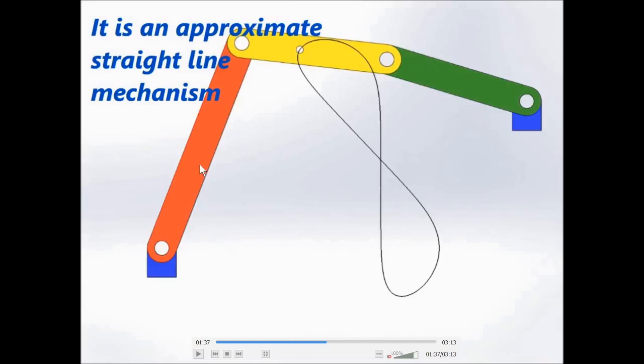The two links connected to the fixed points, here red and green, should be of the same length. In this video it does not look so, but make sure that red and green are equal in length. We can use a smaller link of any length to connect both of them, and the point where we get the approximate straight line is the center point only.